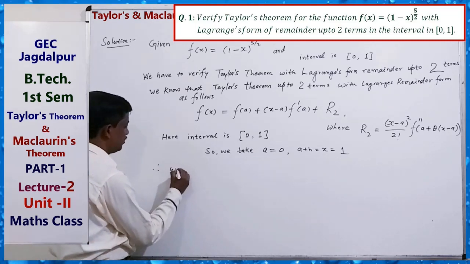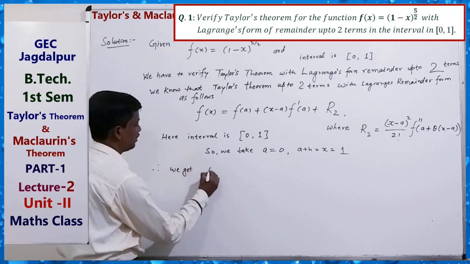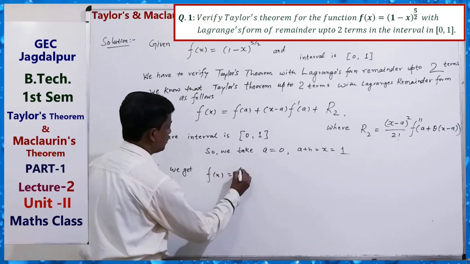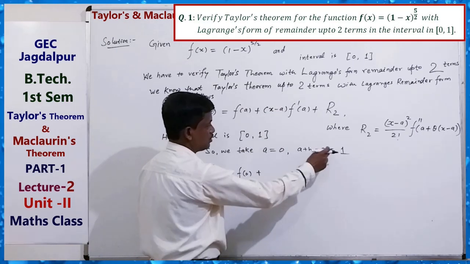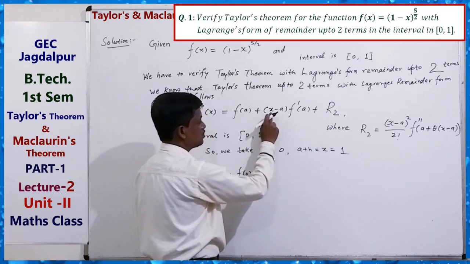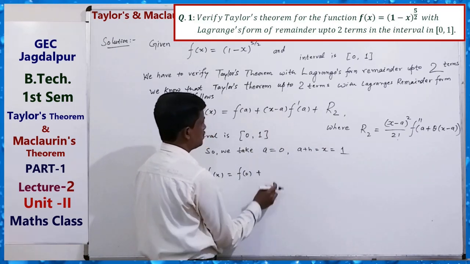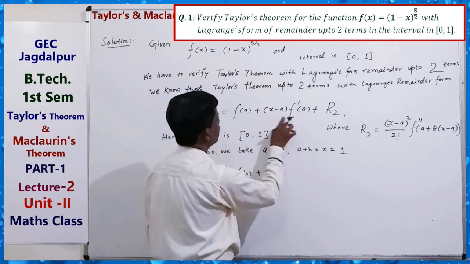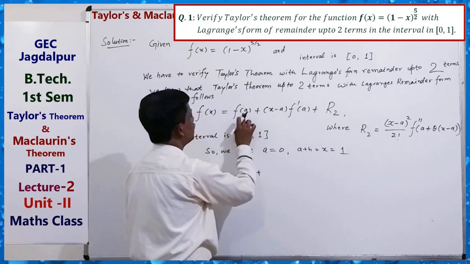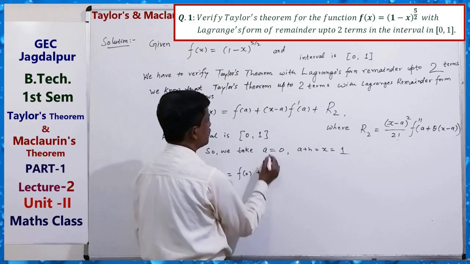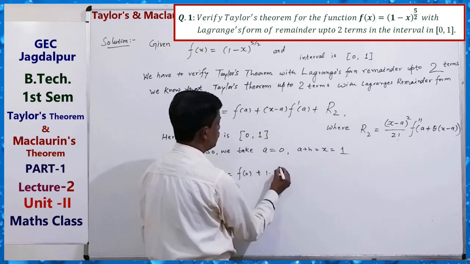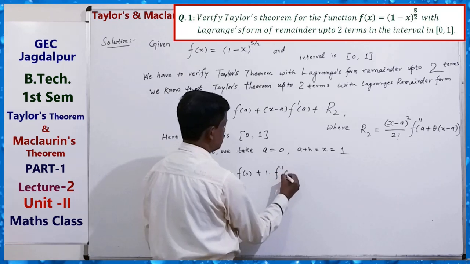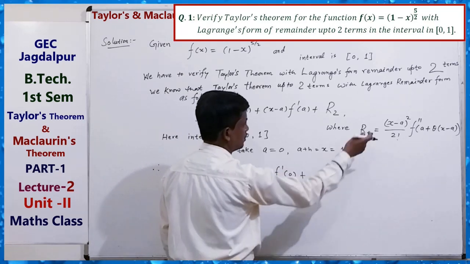Therefore, we get f(x) equals f(0) plus x f dash 0 plus R2, with x equals 1 and a equals 0.